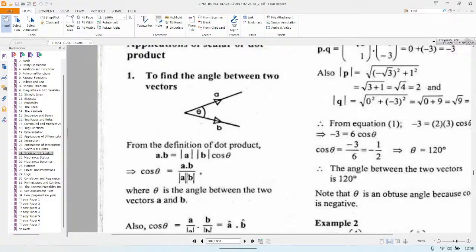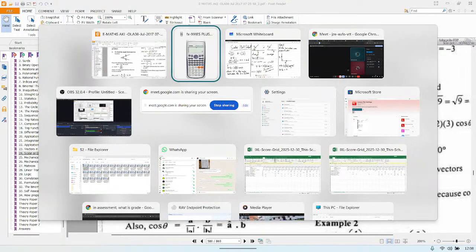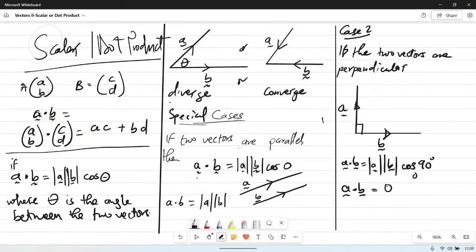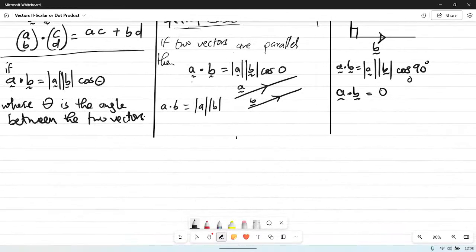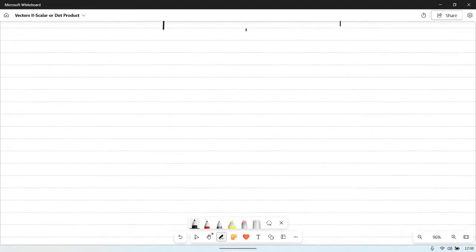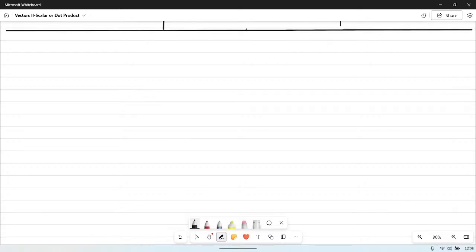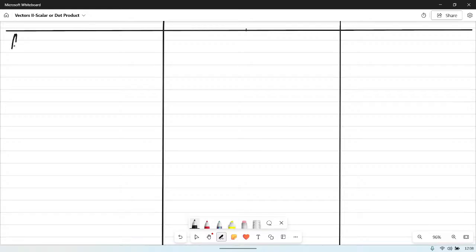Application of scalar or dot product. We come to learn the application. To find the angle between these vectors, you can use this idea, right? So we said over here the definition of the dot product. Angle between two vectors.